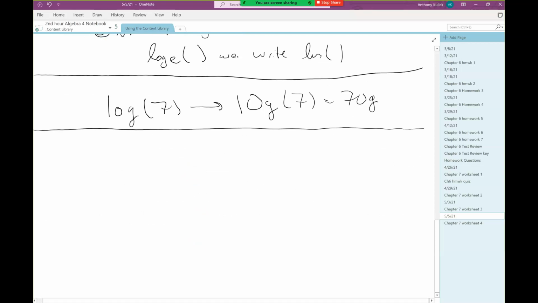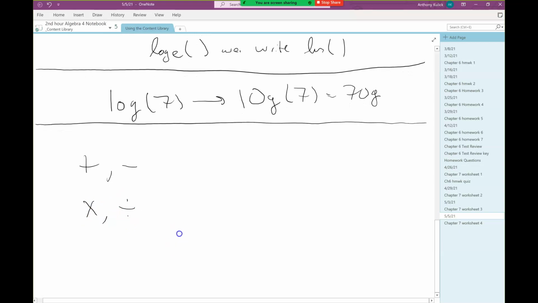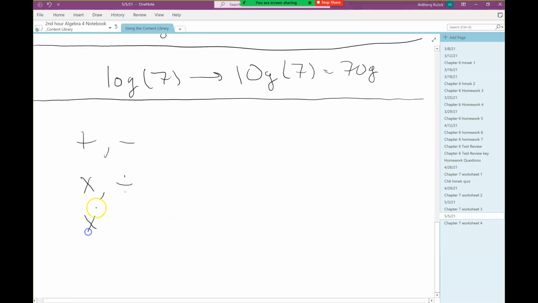So throughout our mathematics education, whenever we've learned a new operation, shortly thereafter we learn about its inverse operation. Like when we learned addition, shortly after that we learned about subtraction, the way to undo addition. When we learned about multiplication, shortly after that we learned about division. When we learned about squaring, shortly thereafter we learned about square roots.